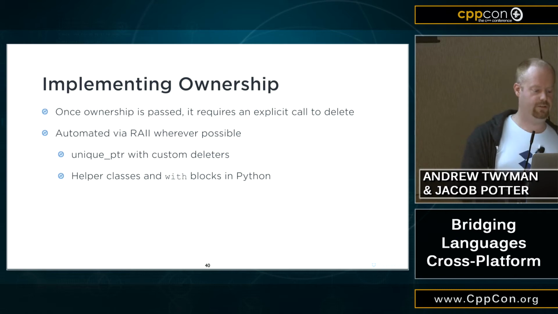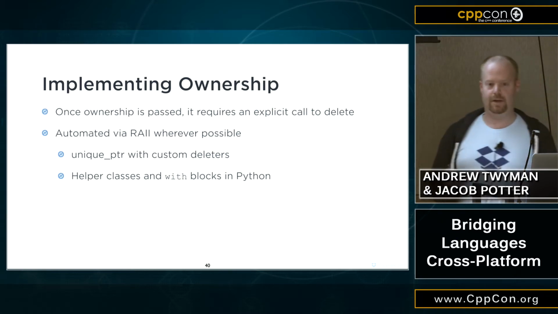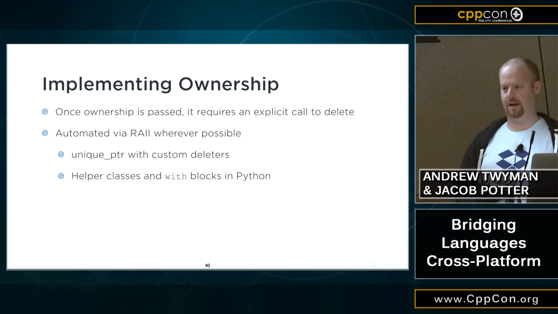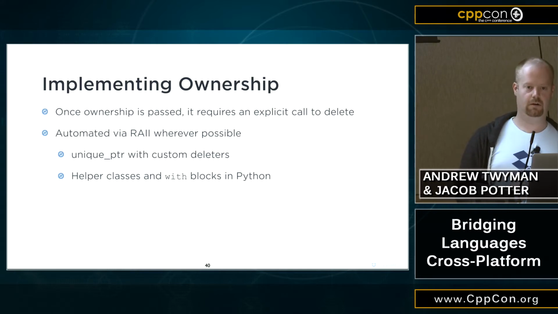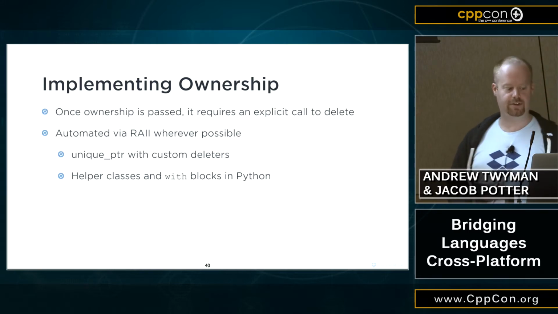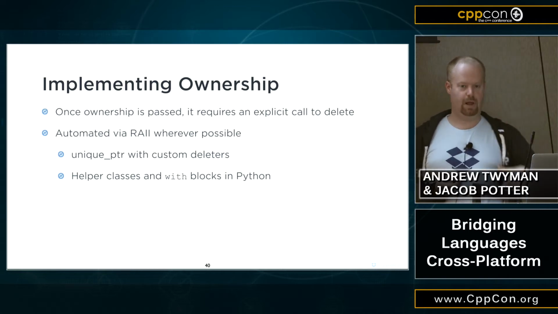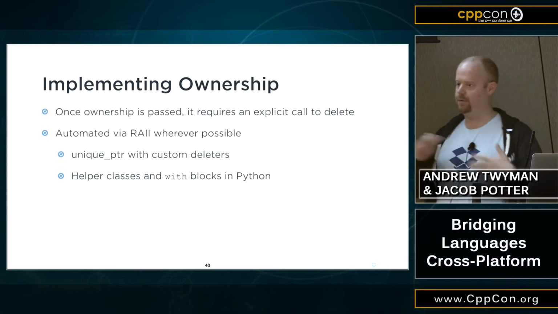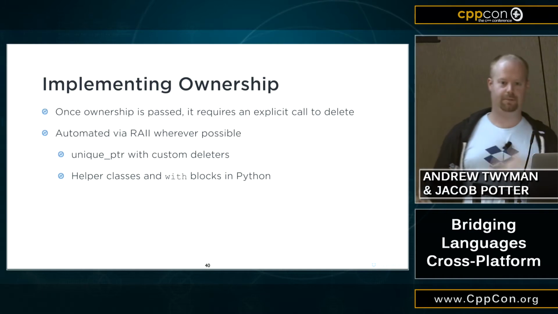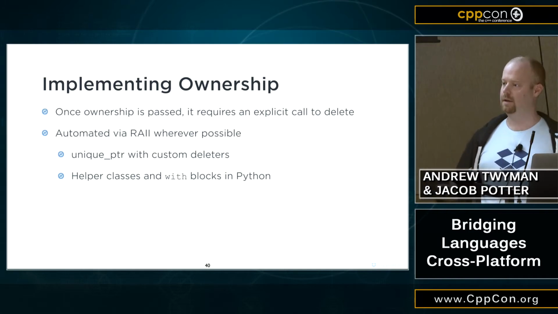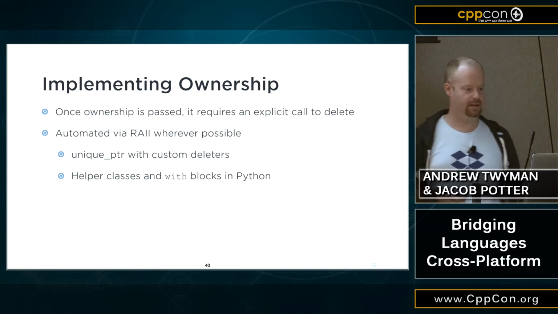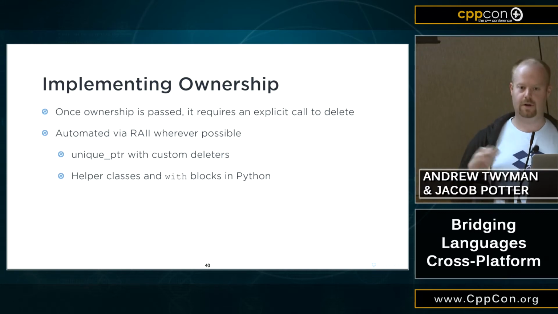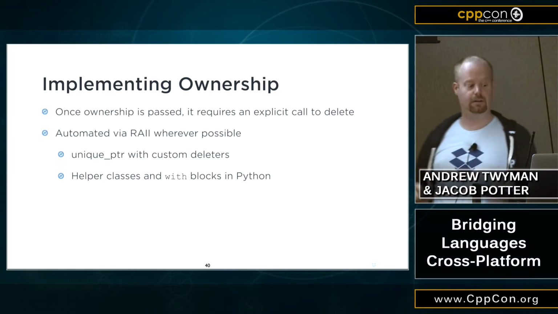In the other direction, there's not really RAII in Python, but we can do something similar. We have helper types that will hold on to a C object and delete it in their __del__ operation. And we can use with blocks that give us slightly more predictable destruction time, which just helps clean things up. It's optional because Python would eventually garbage collect it, but we think it's a good citizen sort of thing and helps us to validate in our unit tests that everything that should get freed actually did.